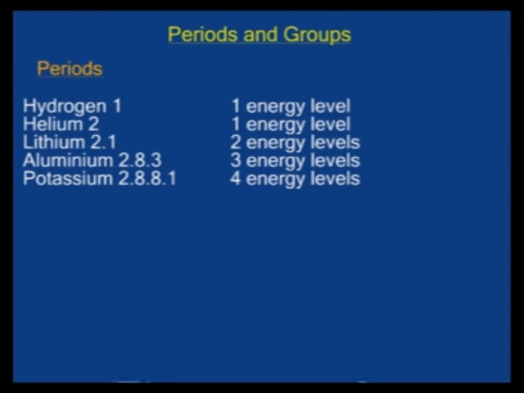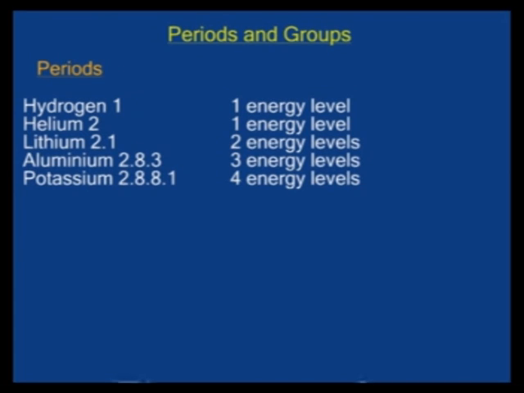Helium has a configuration of 2 and also has 1 energy level. When you come to lithium, it has a configuration of 2, 1, and that means it has 2 energy levels. Aluminium has a configuration of 2, 8, 3, which follows that it has 3 energy levels.